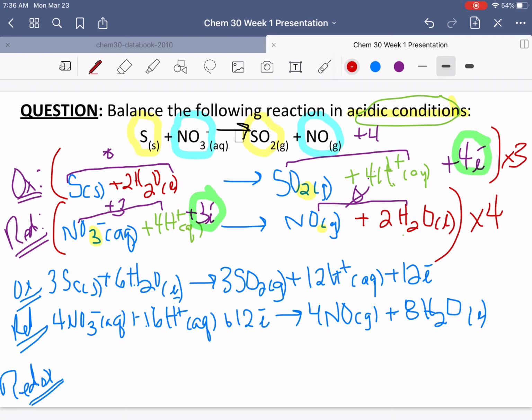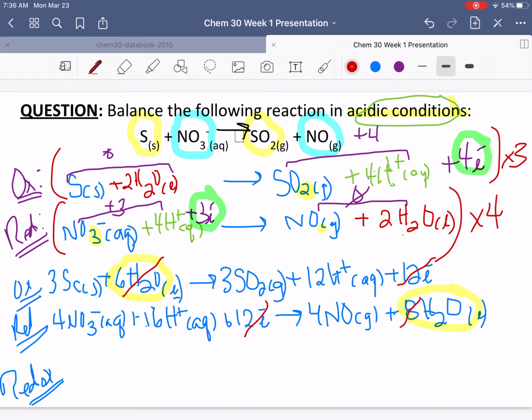Think about the canceling of things. Definitely my 12 electrons cancel out. That makes perfect sense. But glance at the waters. If I have a total of 6 waters going in and 8 waters coming out, then the way I go through this is I take my 6 and cross it out completely because they're gone.